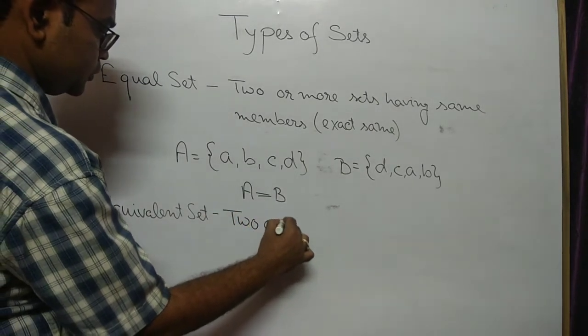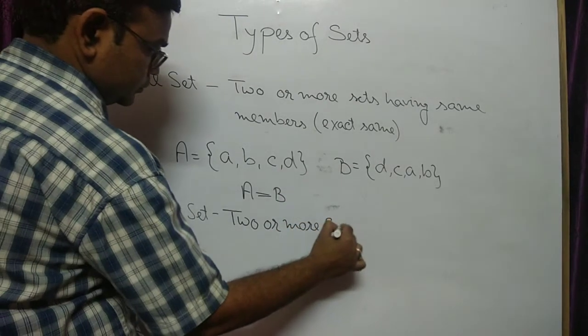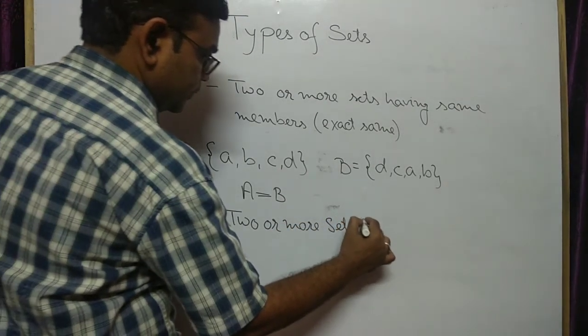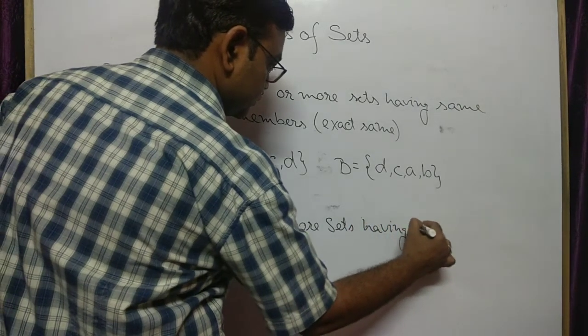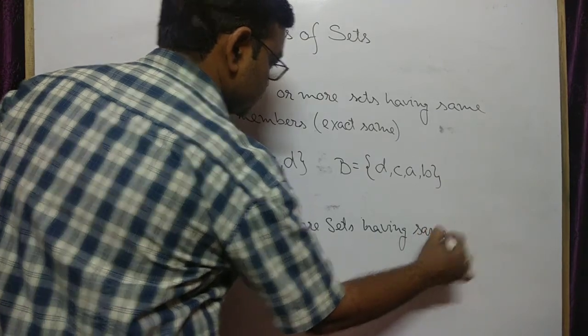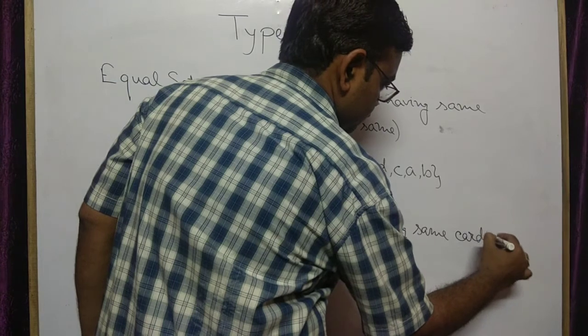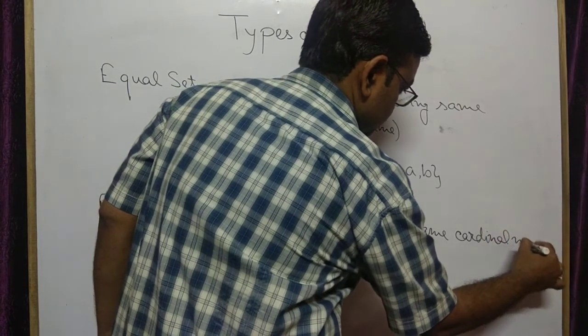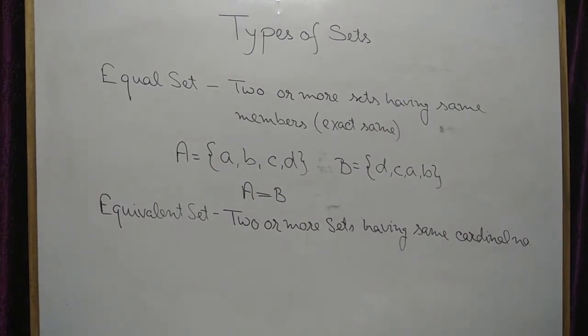Two or more sets having the same cardinal number, meaning the number of members is the same. So these types of sets are known as equivalent sets.